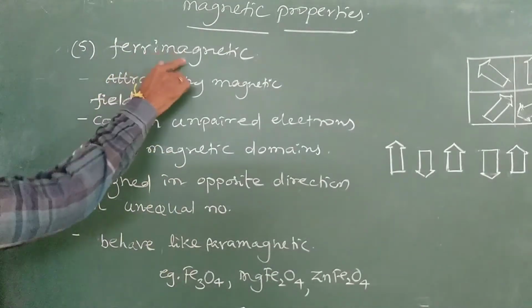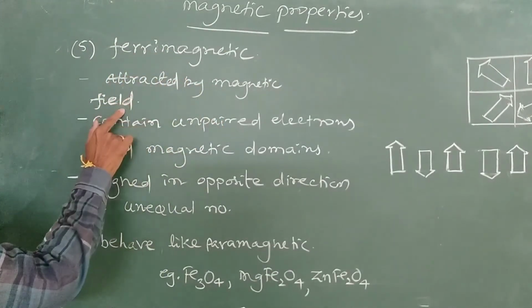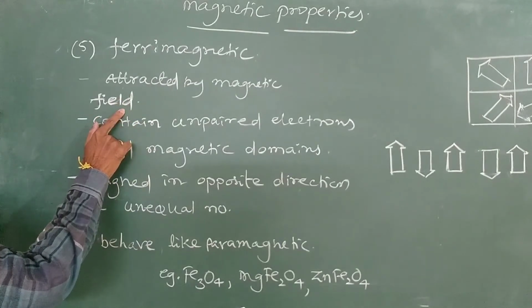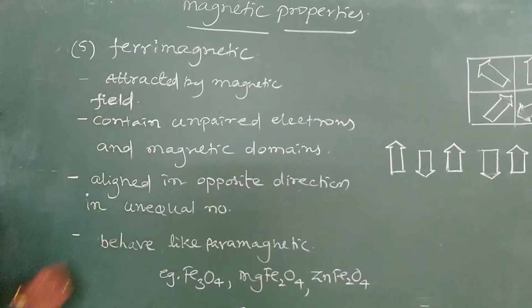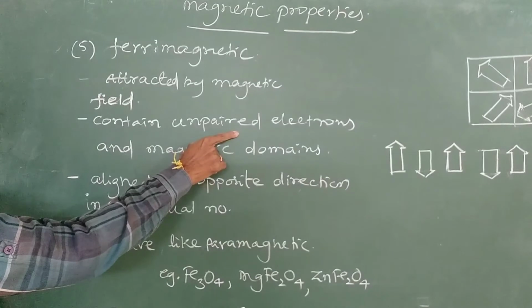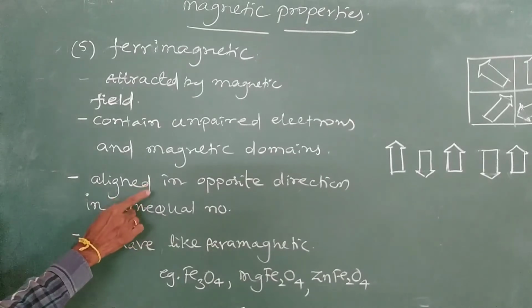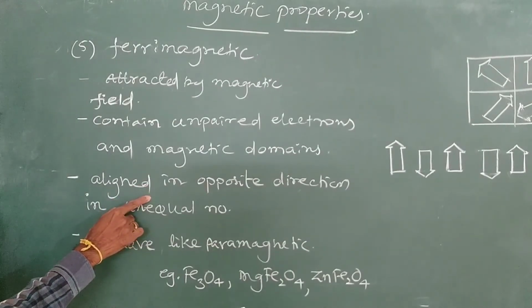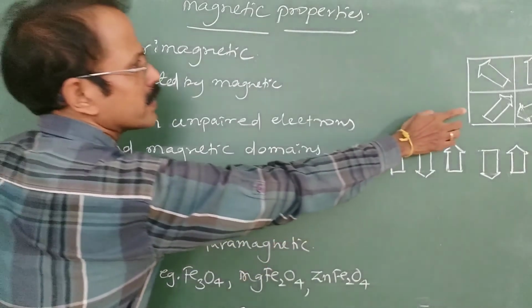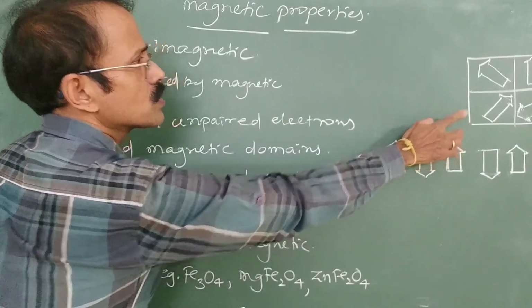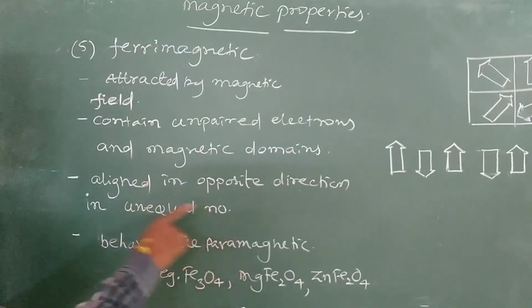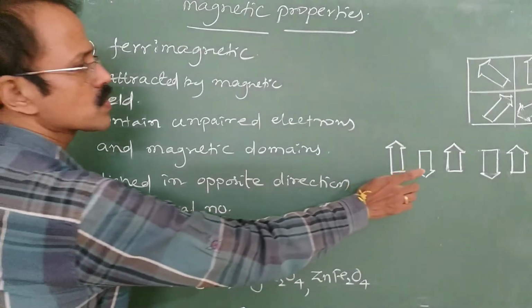So ferrimagnetic substances are attracted by a magnetic field, but only weakly. They contain unpaired electrons and magnetic domains just like ferromagnetic substances. The domains are randomly aligned in the absence of a magnetic field, like this, and aligned in opposite directions in unequal numbers in a magnetic field.